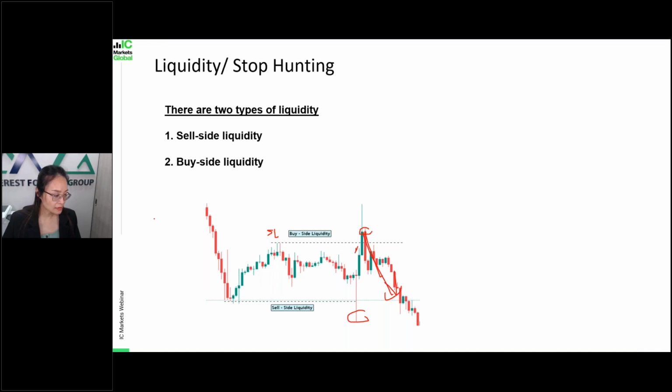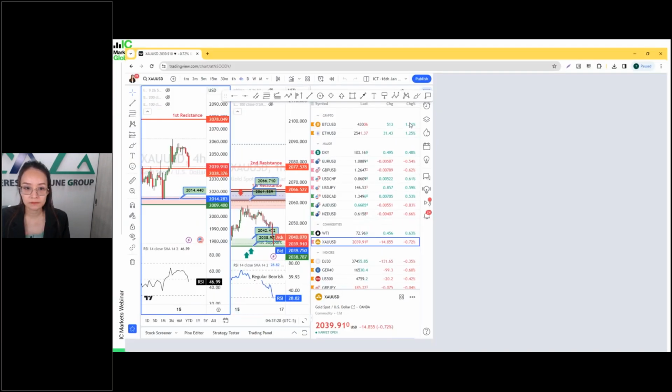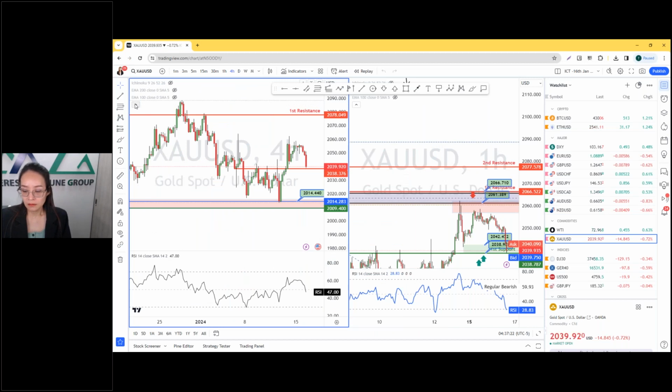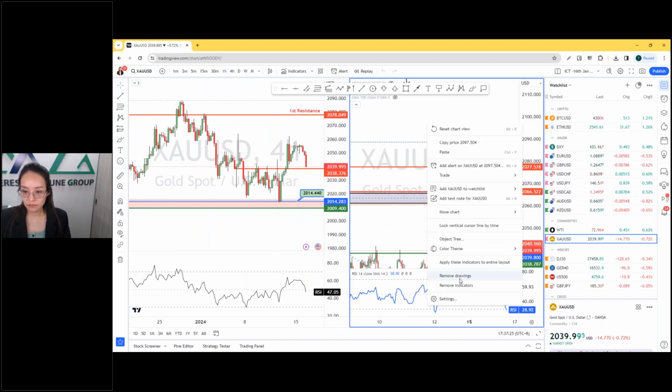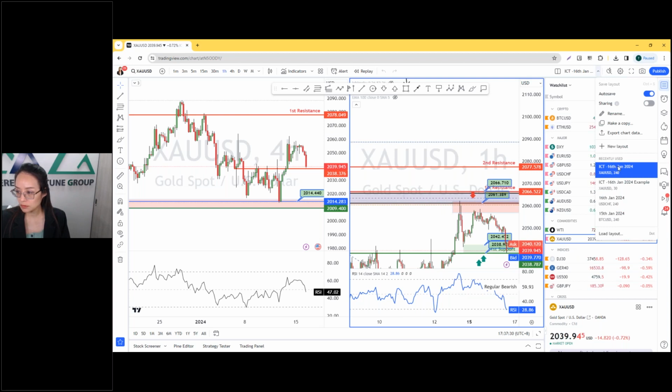How does it look in TradingView? So basically it looks like this. Let me just remove this. Which one should I use?